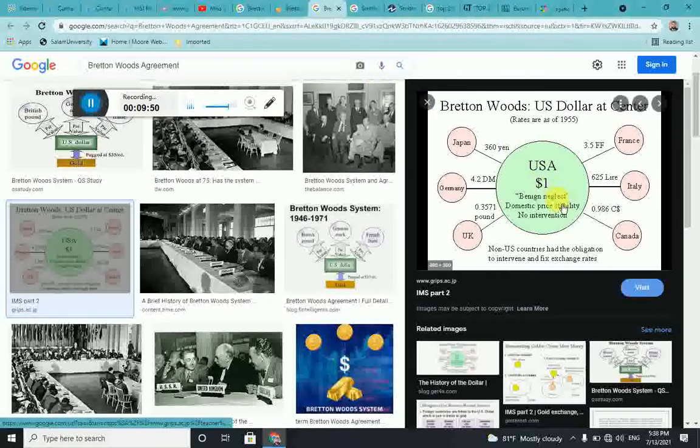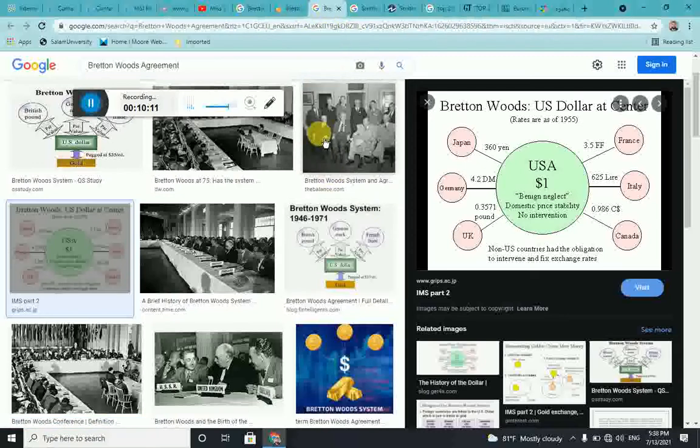In the Bretton Woods conference, it was decided that Italy will have a fixed exchange rate of 625 lire. Similarly, France and Canada and UK and Germany and Japan, a fixed exchange rate was determined against $1 for each country.